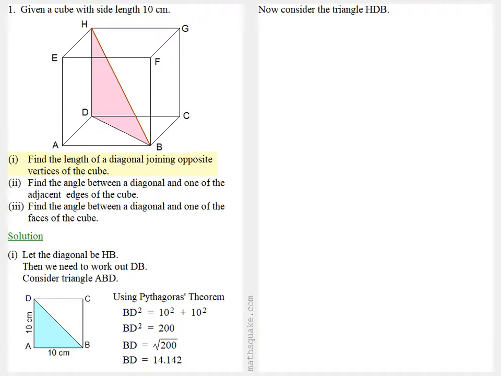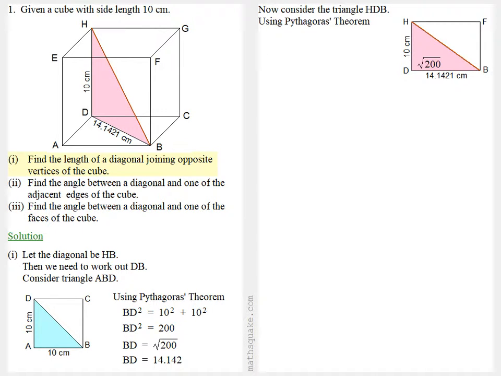Now let's consider the triangle HDB. Now this triangle has one side 10 centimeters and the other side the square root of 200. So let's draw a plan view of the triangle HDB. We can see that it's a right-angled triangle. So we can again use Pythagoras' theorem.